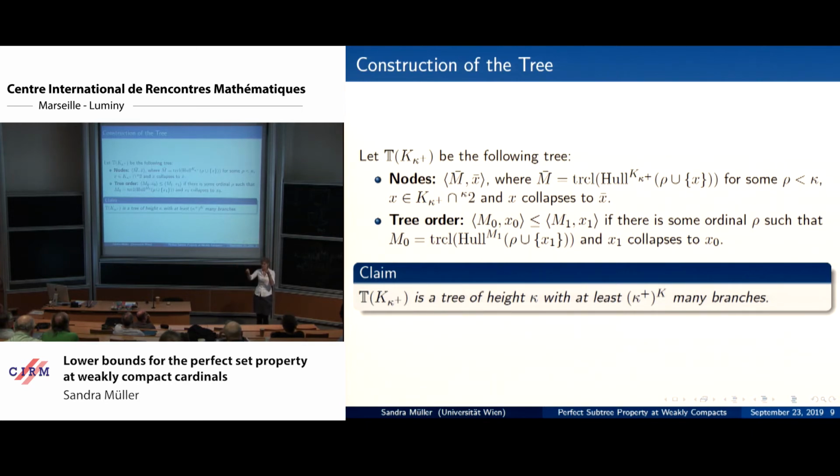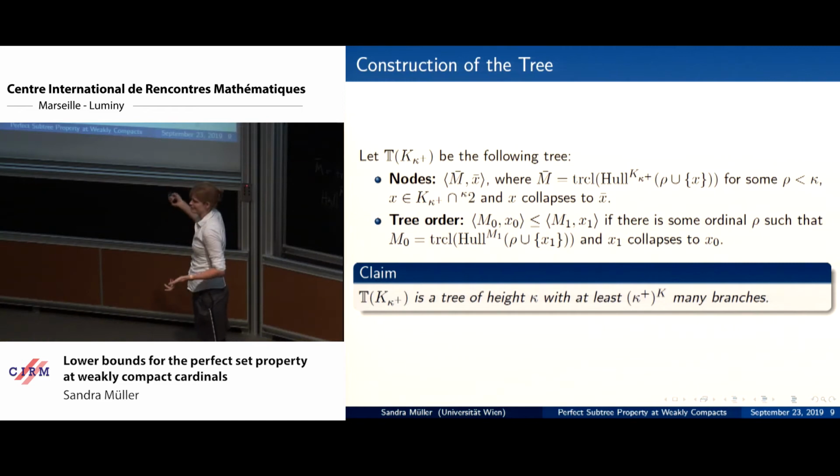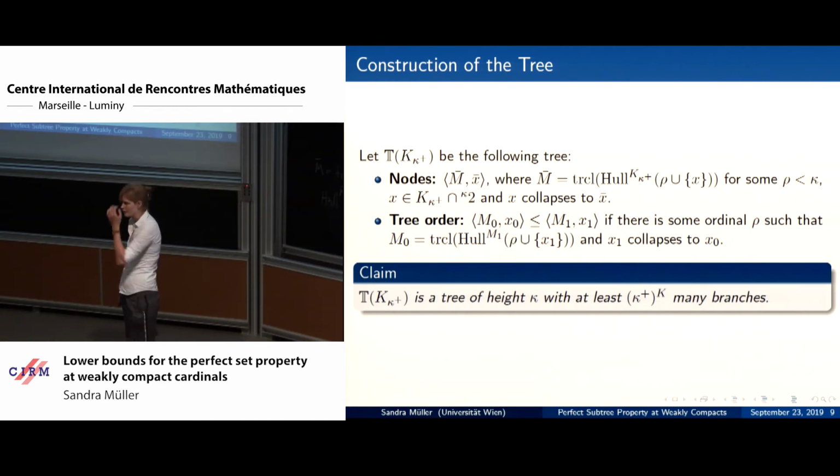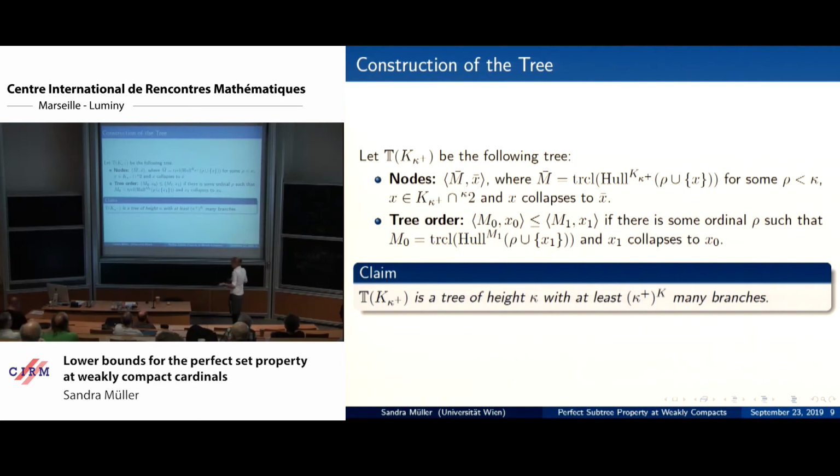If we take some X and some X prime, and none of them is definable from the other, and also not from the ordinals we throw in, then this is actually a proper split in the tree. And if we follow these X's along, each X is going to generate a branch through the kappa tree. So if we start with 2 to the kappa many different X's, we get 2 to the kappa many, or kappa plus in K many different branches. So this gives us a giant tree.